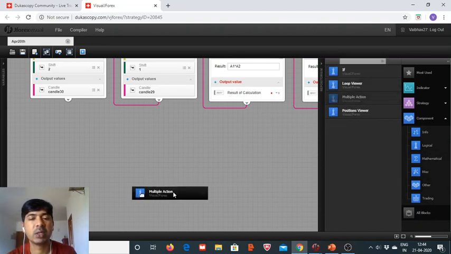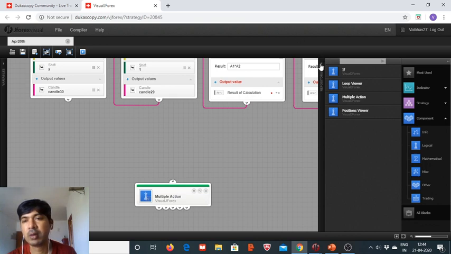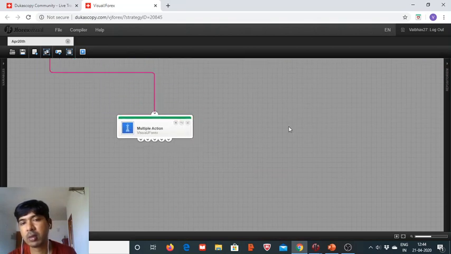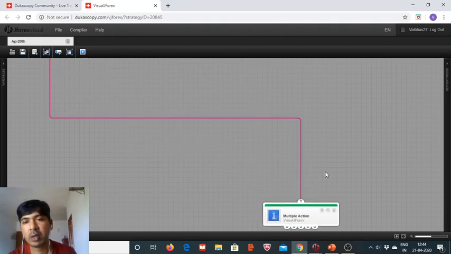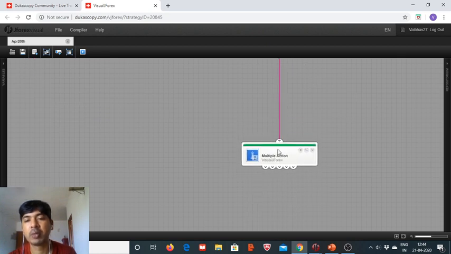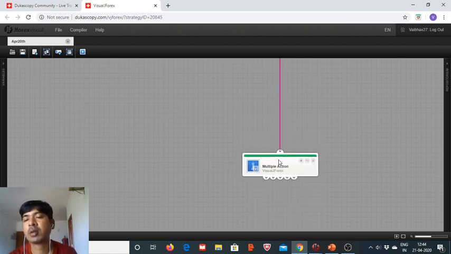Okay, multiple action is here, and as of now we connect it, but if we need to add something more, we can do that anytime by just disconnecting the flow and then making it pass through other blocks.